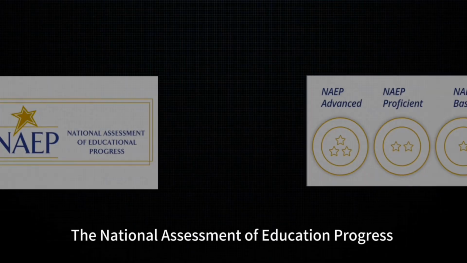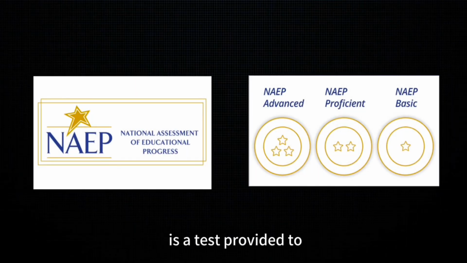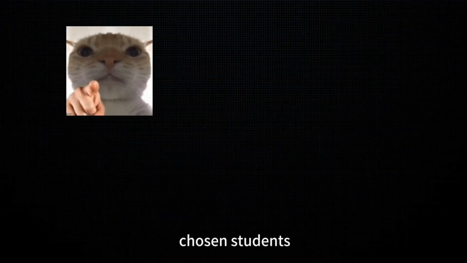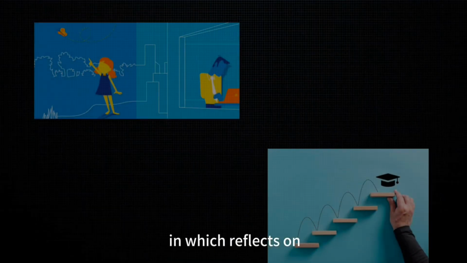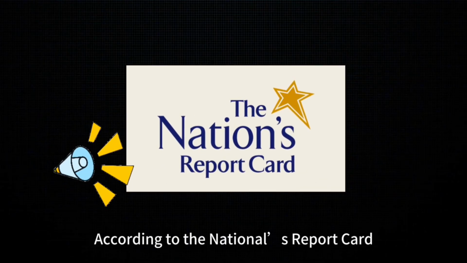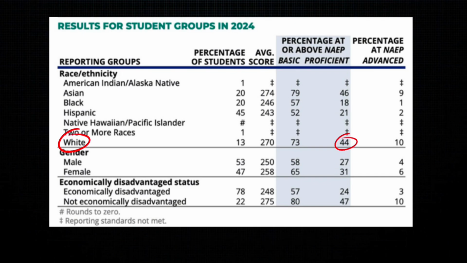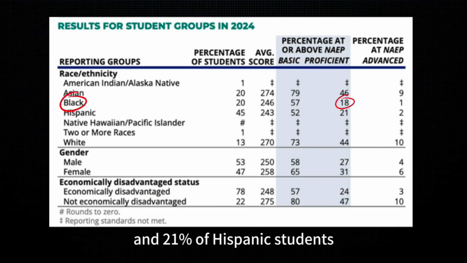The National Assessment of Educational Progress, NAEP, is a test provided to randomly chosen students which reflects on students' learning experience and academic performance. According to the Nation's Report Card, in 2024, 44% of white 8th graders scored proficient or above in the reading section, compared to 18% of Black students and 21% of Hispanic students.